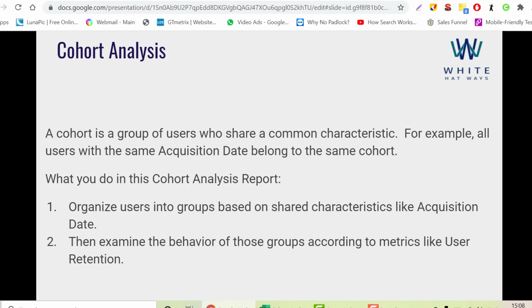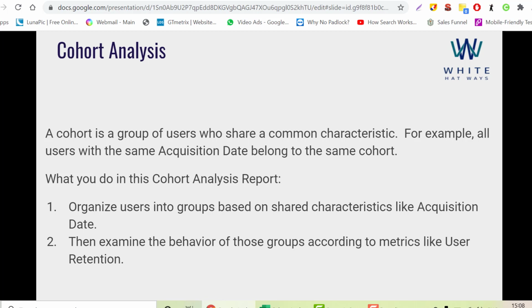And then the second step is to examine the behavior of those groups according to metrics like user retention, subsequent to which we are trying to examine how good they are at coming to my website time and again. Are these users who have been acquired on the day 0 visiting my website on the day 1, day 2 or day 3?